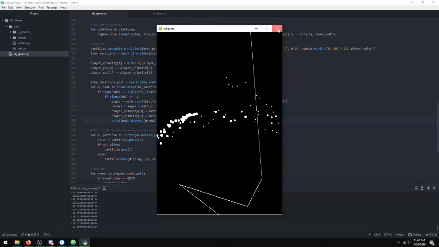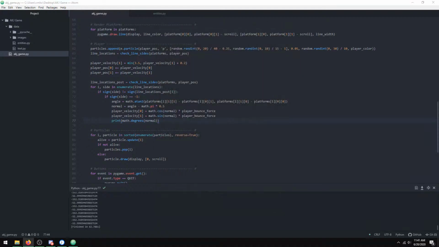I'm just going to ask Stack Overflow again because my mind's not in a place for math right now. How to tell if a line crosses a line segment.